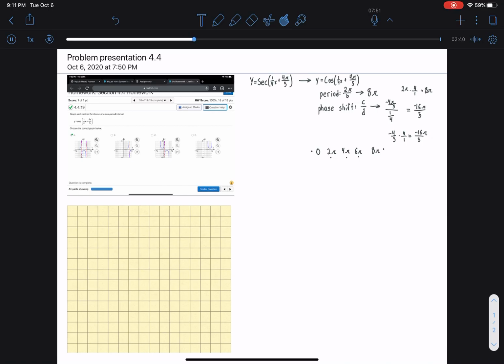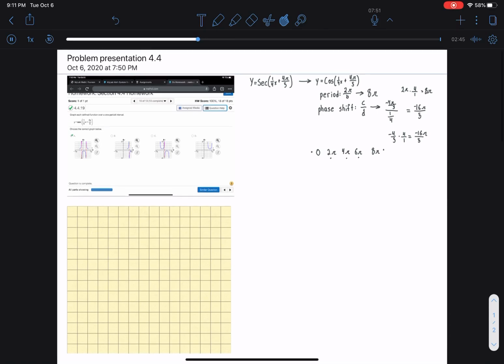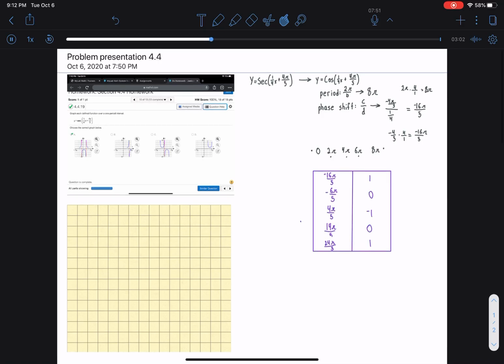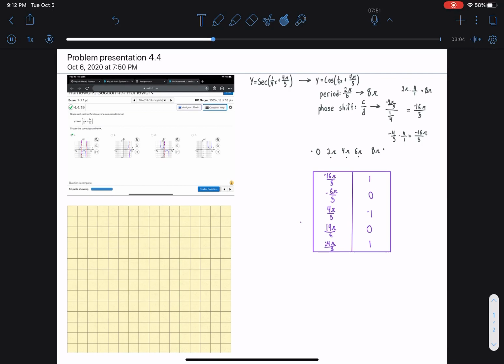But since we phase shift to the left, negative 16 pi over 5, we're going to have to change these values up a bit. So going negative 16 over 5 pi, and I actually saved and copied this, so I can just go like this. So these are the values that we're going to have instead of our normal period, because when we subtract negative 16 over 5 pi to each one of these numbers, we're going to be given these new values.